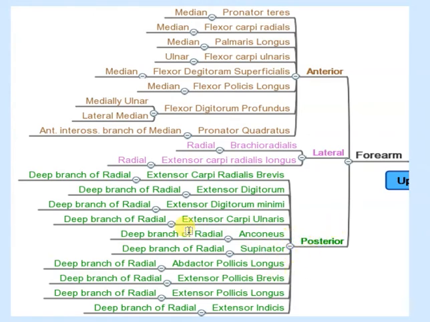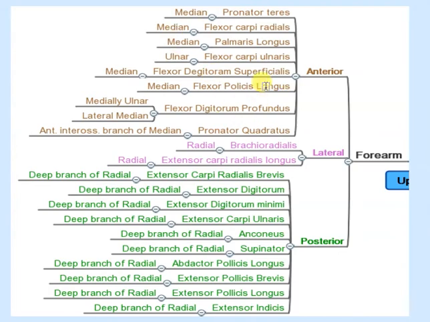In the posterior compartment you have innervation by the radial nerve. As you can see, extensor carpi radialis brevis, deep branch of radial nerve; extensor digitorum, deep branch of radial nerve; extensor digiti minimi, deep branch of radial nerve. All of these muscles are supplied by the radial nerve.